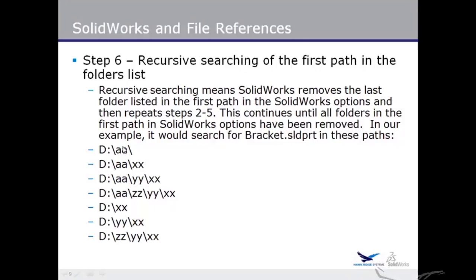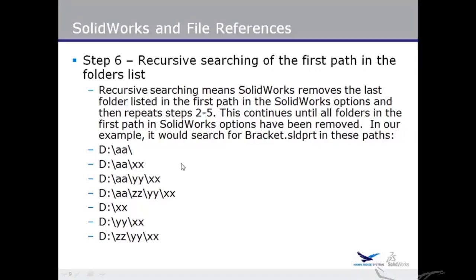So we get DAA, then we add an XX to it, then we add a YY, then we add a ZZ, and then AA goes away completely, and you're going to be searching in DXX, then DYYXX, DZZYYXX. Okay, so that's the recursiveness in this search routine.